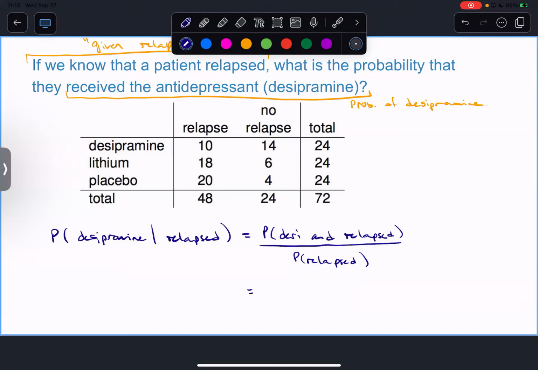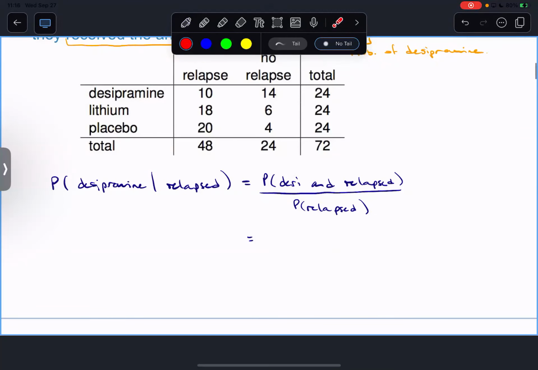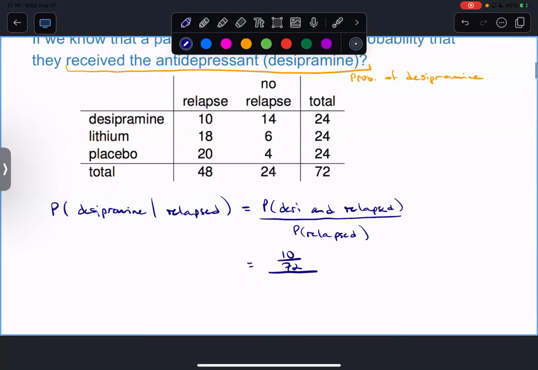So we're interested in the desipramine and they relapsed, which is 10 out of the 72 in this case, right? When I'm just talking about the probability that they were given desipramine and they relapsed, I'm not specifying any subgroups or anything like that. So it's over the 72. So that's going to be 10 over 72 divided by the probability that they relapsed. Now, the relapse is going to be, regardless of what treatment they were given, 48 over 72.